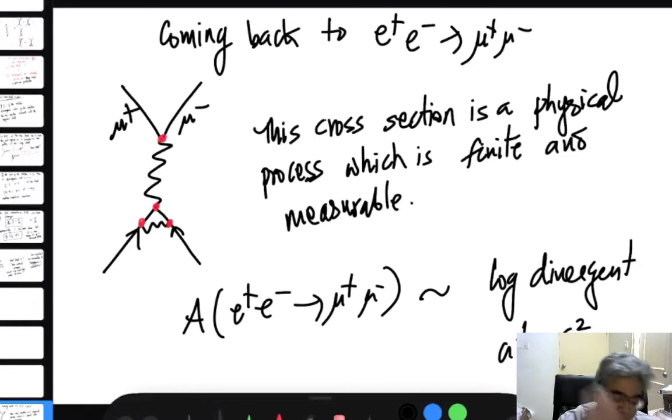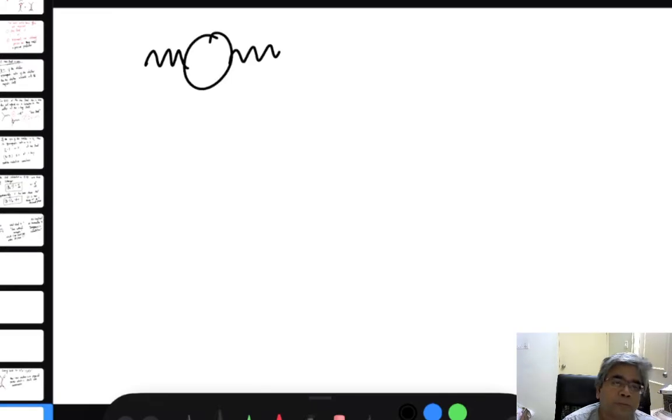But we have only taken this correction; we have seen that there are several other corrections, and they would also be divergent. There are several possible divergences you can have. For example, this one would typically be quadratically divergent, meaning something like the integral of dk k square.